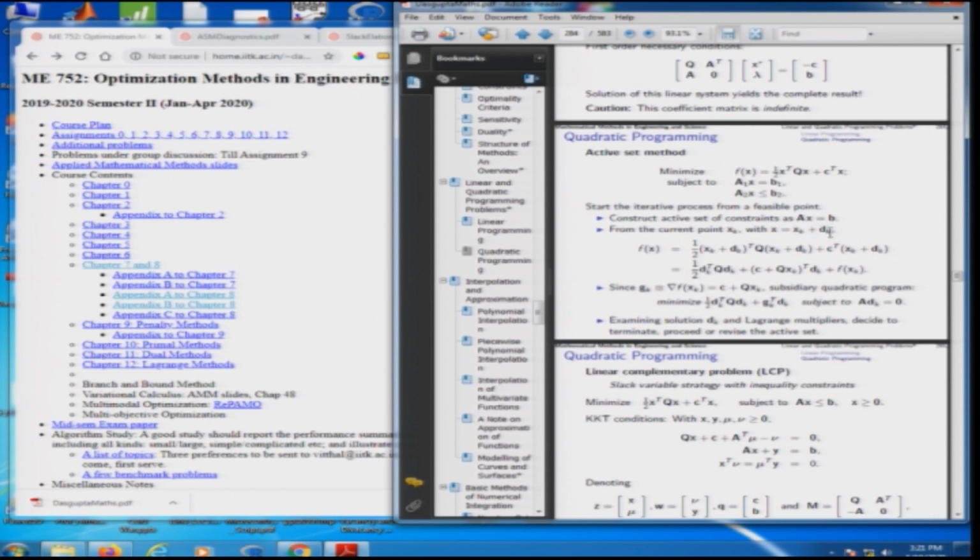So, that means we take a step of dk and then put this in the function: half (xk plus dk) transpose Q (xk plus dk) plus C transpose (xk plus dk), and then simplify this and see what you get.